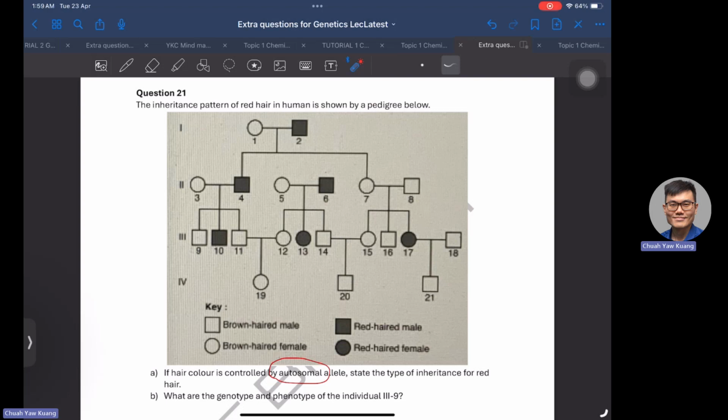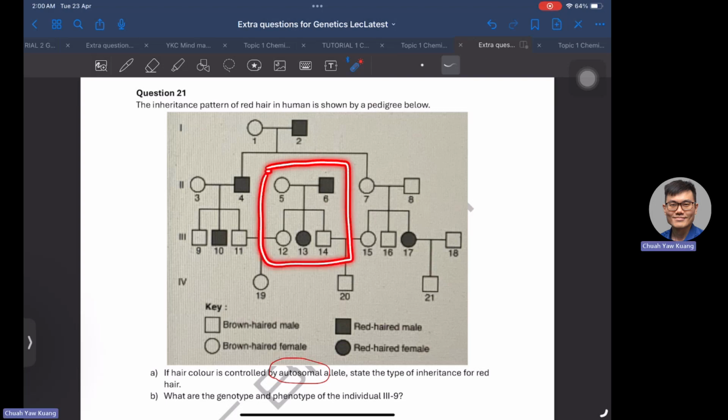Okay, but this pedigree is a bit troublesome. If you analyze it properly, later you will see that. But before that, I would like to remind you all of this. This is one of the common careless mistakes that a lot of students will make.